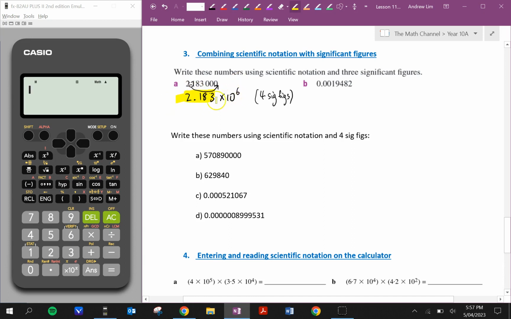We don't really care about this. So because it's got 4 and we only want 3 according to the question, I'm just going to round it like a normal decimal. I want 3 digits. So 2.18, or is it 2.19? Well, that 3 tells us it's just 2.18. So 2.18 times 10 to the power 6, and that's the answer.